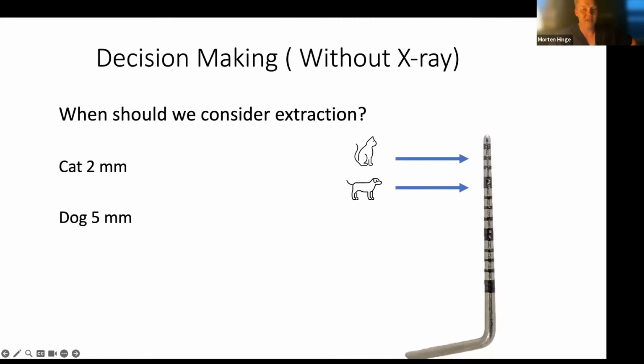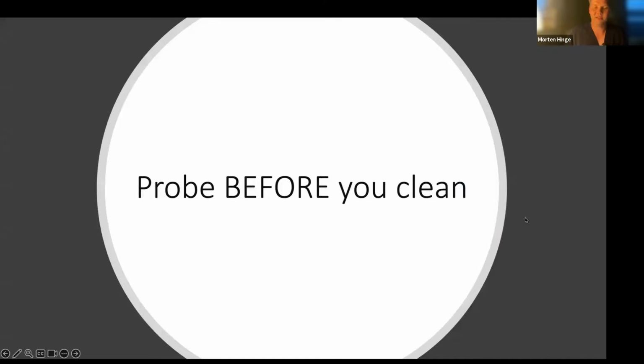Then you may consider extraction. If a dog has more than 5 millimeter pocket, you may consider extraction, or at least opening up the tissue, make an open root planing, meaning that you make a flap and you clean up the tooth and then you close the flap again, which is getting us more into advanced stuff. But let me get you some examples.